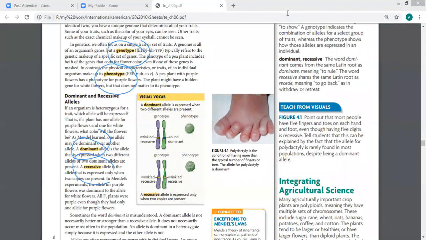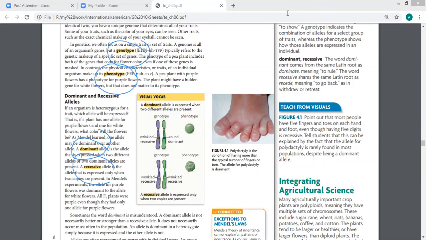For example, you can apply this in your family, in your class, between your friends. If you have about 20 students in your class, you can find that most of them have dark brown eye color, and some of them have colored eyes.